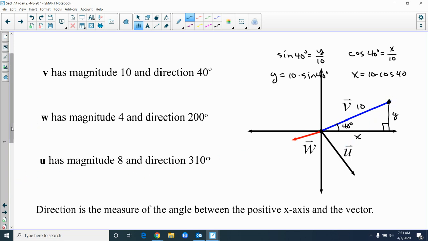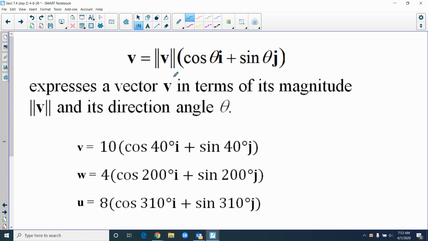Now, that leads to this case right here. This is how you express a vector in terms of its magnitude and direction in terms of i and j. This is the magnitude. You take the cosine of the angle times i plus the sine of the angle times j.